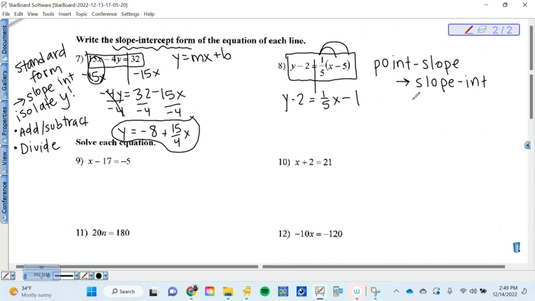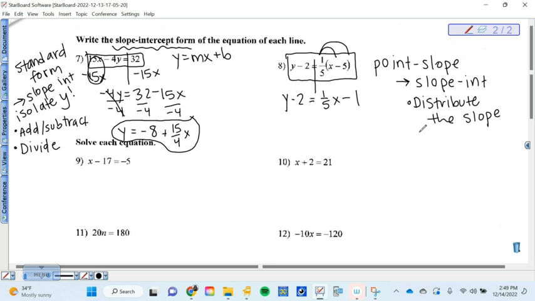Okay, so I distributed, that's my first step. We distribute the slope. Then what do I do? Because it's really close to y-intercept, but not quite there, right? This side looks good. I've got something x and then minus 1. That's fine. What do I have to do to this side? Yeah, I got to get rid of this -2. How do I get rid of -2?